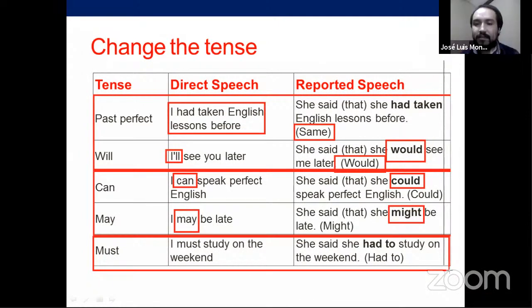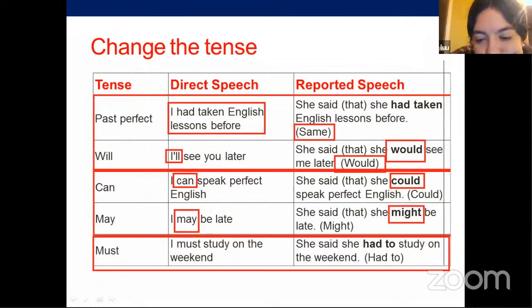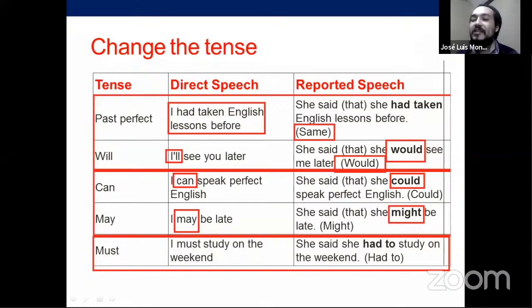Thank you very much. Oh, had to, right? So must, as we don't have the past form of must, we are going to use had to, all right? She had to study on the weekend instead of I must study on the weekend.